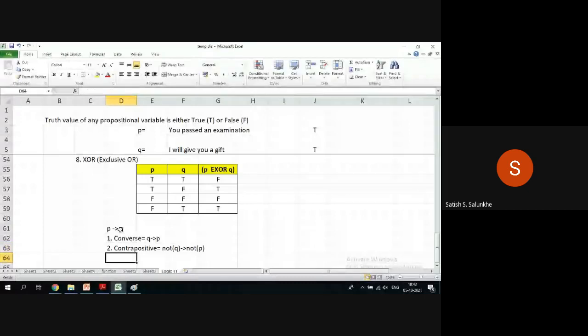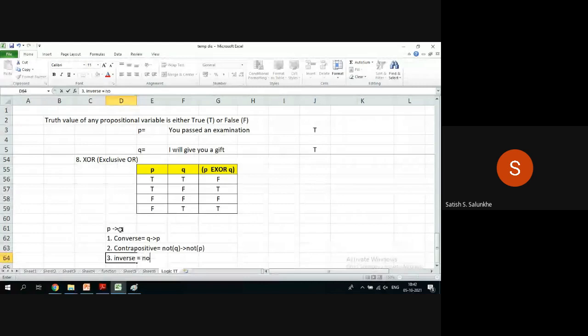I'm just writing the forms of the converse, contrapositive, and inverse of a given implication. So the inverse is not of P implies not of Q. That's it.